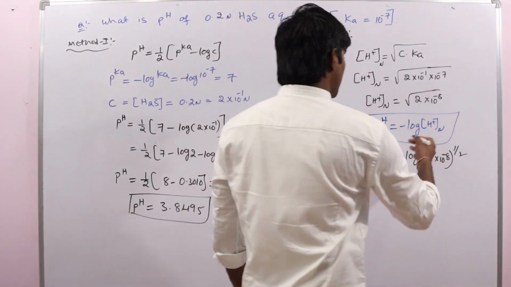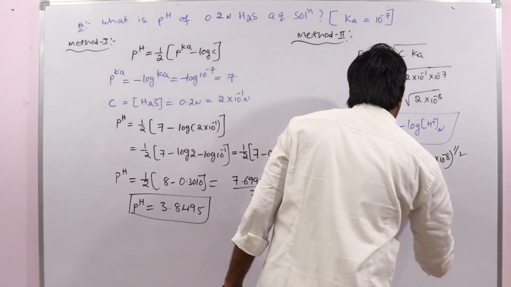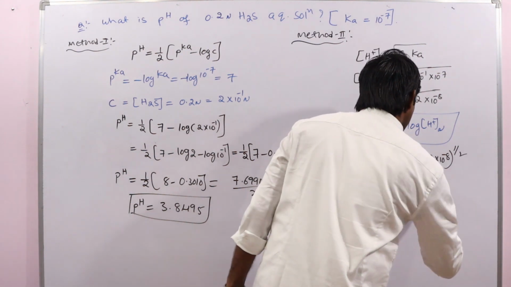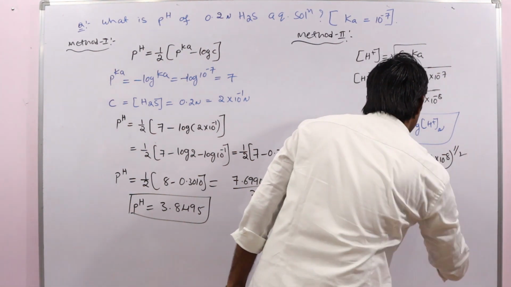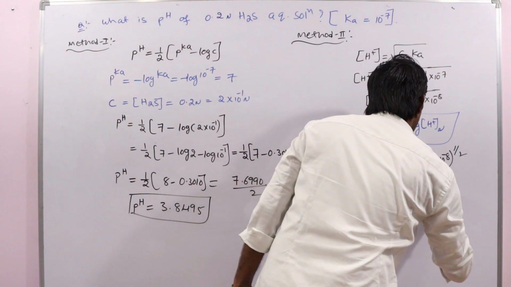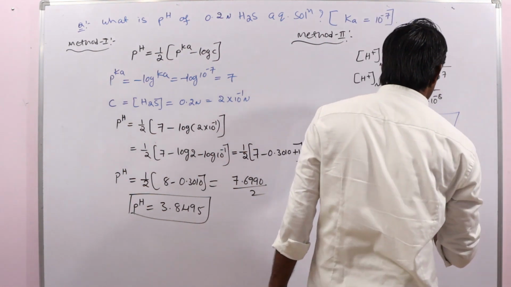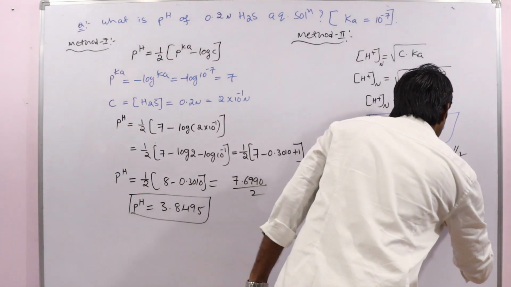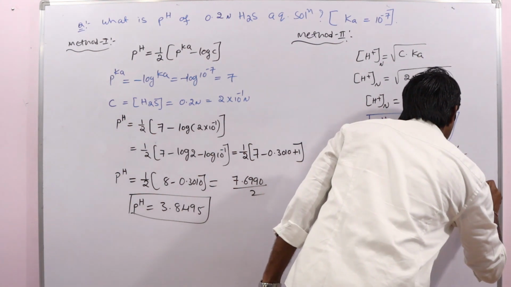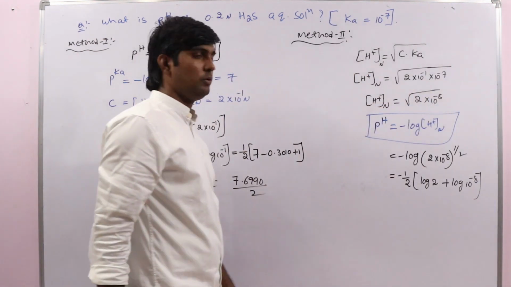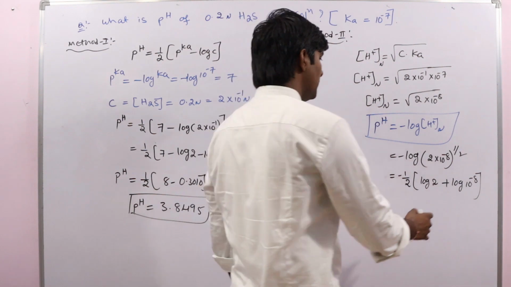So here we get minus of 1 by 2 into log 2 plus log 10 power minus 8.